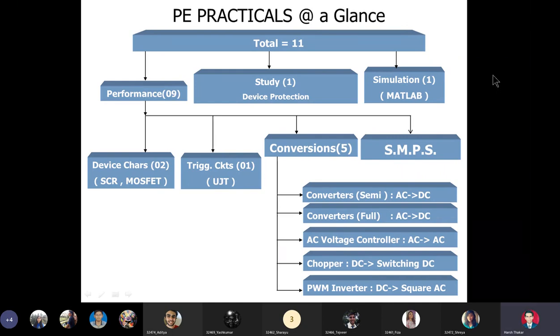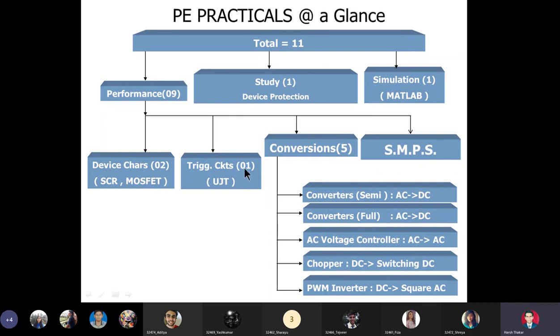The performance category is again subdivided into four, namely device characteristics, triggering circuits, conversions, and SMPS.